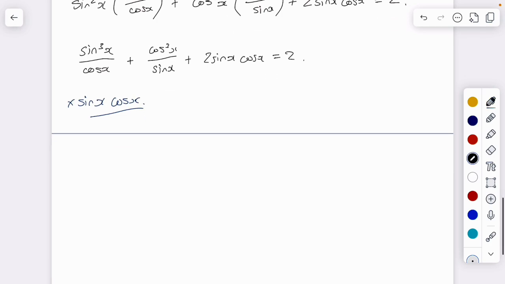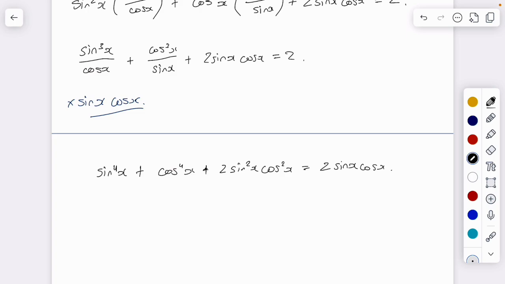If we do that, we get sine to the power 4 x plus cos to the power 4 x plus 2 sine squared x cos squared x is equal to 2 sine x cos x.